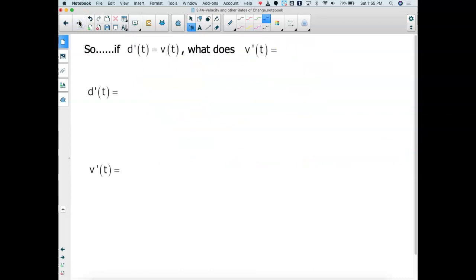So if the derivative of position equaled velocity, what does the derivative of velocity equal? Well, let's think about this a second, okay? This is going to be my rate of change of distance, okay? And what do I know about that? I know my derivative is going to be change in distance over change in time.